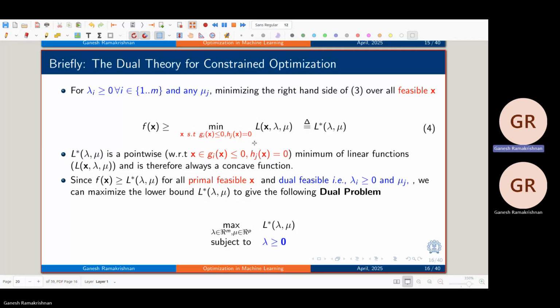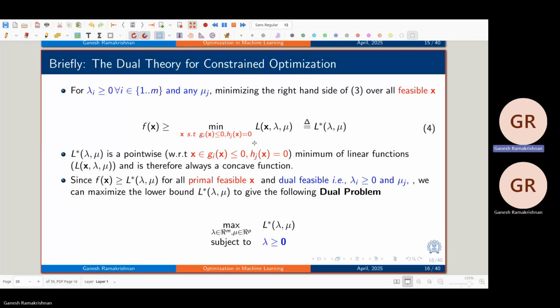And what do you know about pointwise maximum of linear functions? Linear functions are both convex and concave, right? A pointwise maximum of linear functions is convex. A pointwise minimum of linear functions is concave. So this L star is always concave.